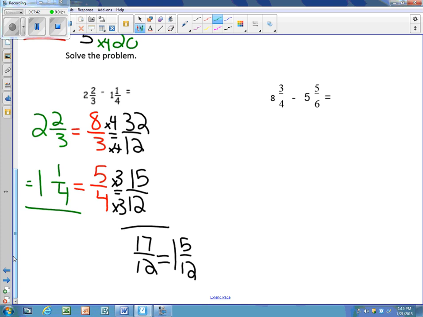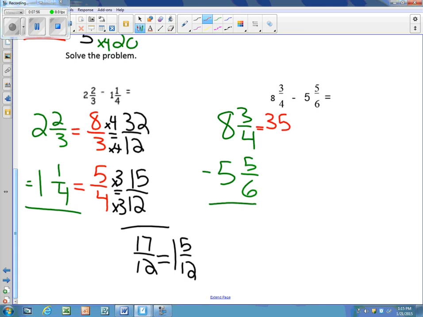Last question. I have 8 and 3/4 minus 5 and 5/6. I'm going to turn them into an improper fraction first. So 4 times 8 is 32, plus 3 is 35, and that's fourths. And over here, 5 times 6 is 30, 30 plus 5 is 35, sixths. When I look at these two, many people want to go to 24. 12 is my easier denominator. So I'm doing times 3, and now my numbers are starting to get bigger.